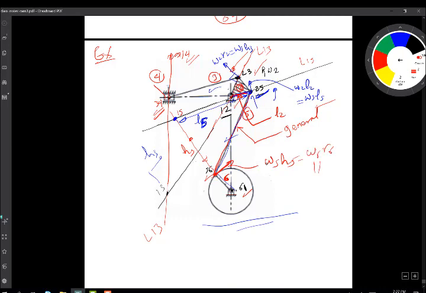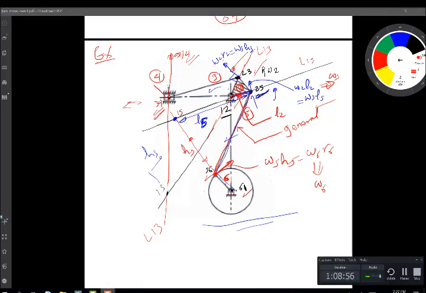And then I can get omega 6 from here. So from omega 2 I can get omega 5, and then omega 6, and I can get the sliding velocity as well. So once you manage to find some points and you know what you're doing, you should be able to find as much information as possible.